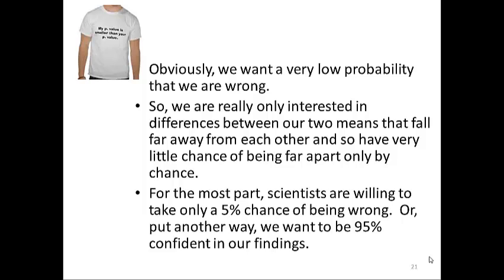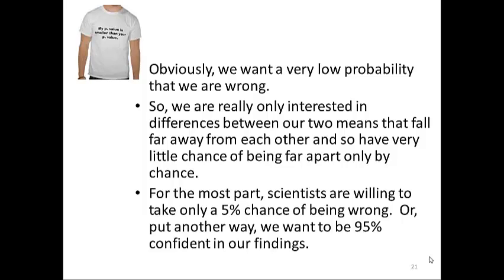Obviously, we want a very low probability that we're wrong. So we're really only interested in differences between our two means that are very far away from each other and have very little chance of being far apart only by chance. For the most part, scientists are willing to take a 5% chance of being wrong. After all, we can't be 100% sure. There is error.